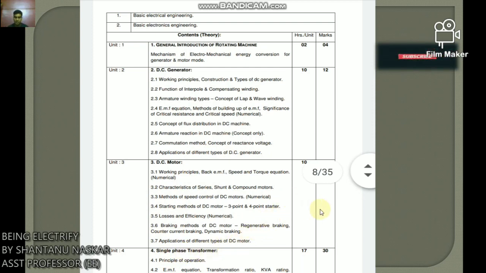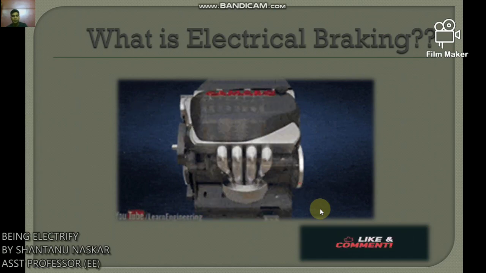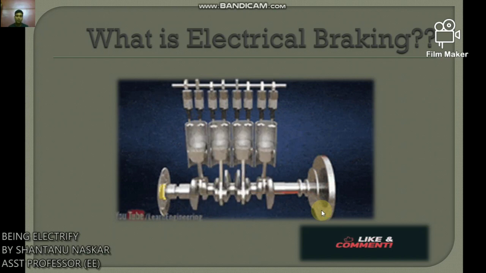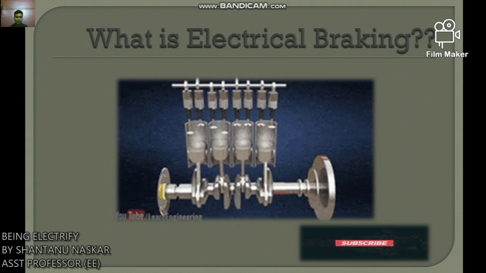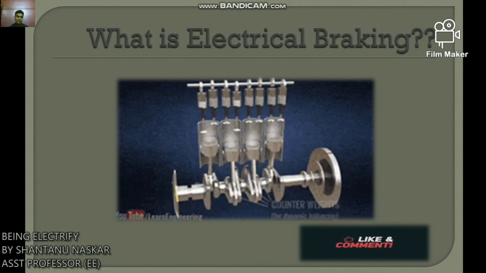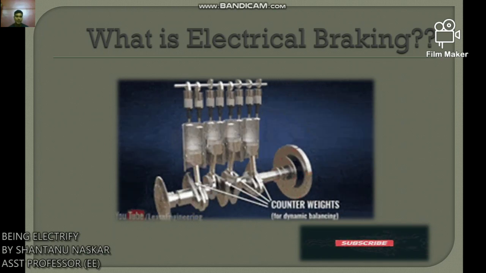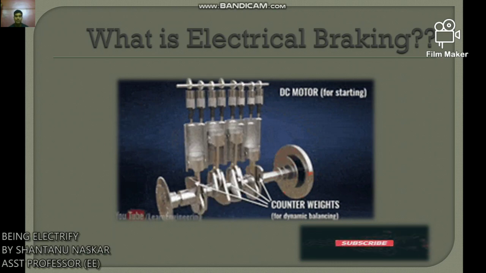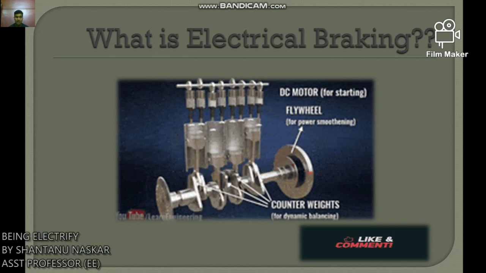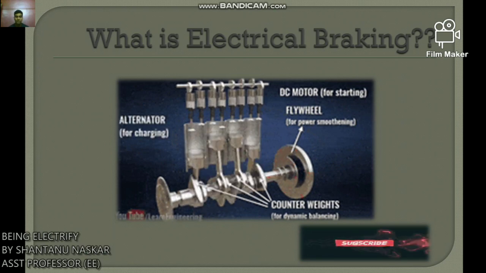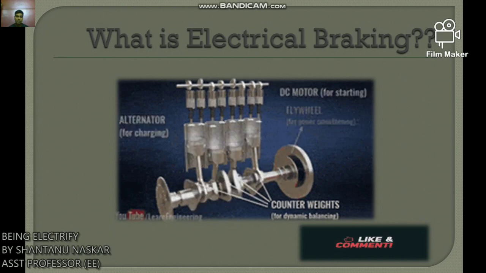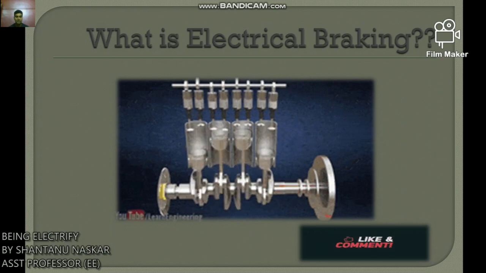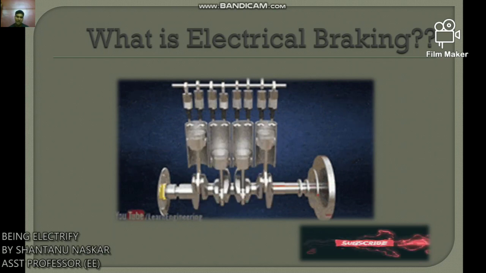So let's start. What is electrical braking of DC motor? Electrical braking is usually employed in applications to stop a unit driven by motors in an exact position, or to have the speed of the driven unit suitably controlled during its deceleration.